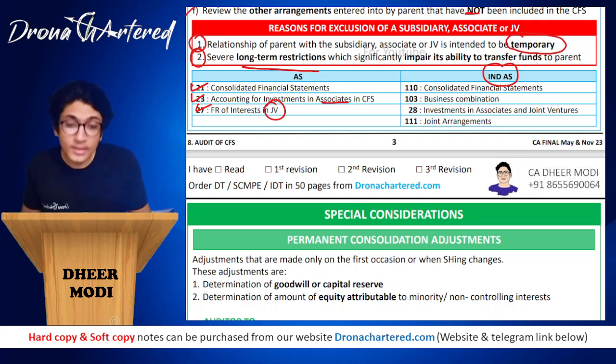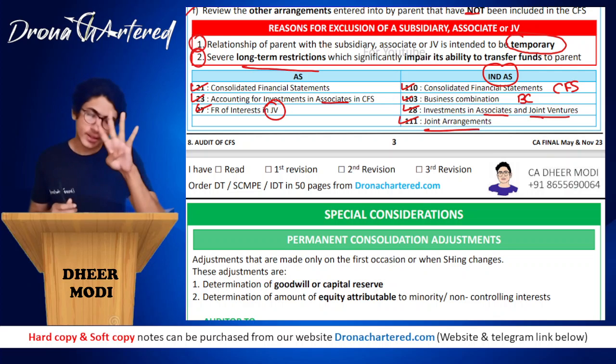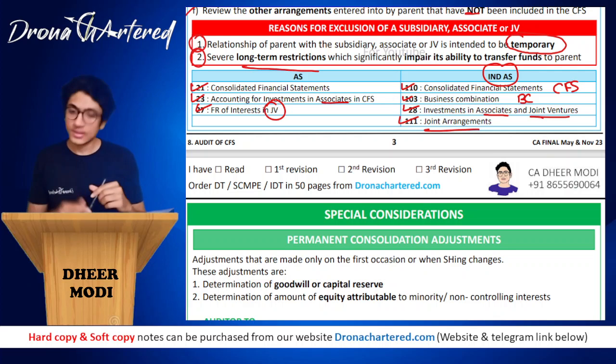While for Ind AS, there are four standards. Ind AS 103 and 110: business combination, also called BC, and consolidated financial statements, also called CFS. Now 28 is investment in associates and joint ventures, and 111 is your joint arrangements. So your Ind AS has 4 and your AS has 3.